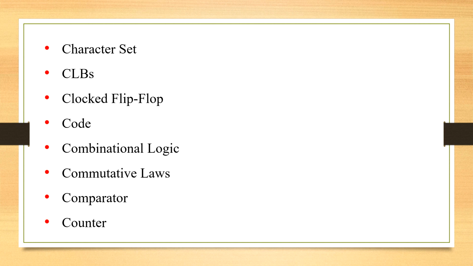Next one, comparator. It is a special combinational circuit designed primarily to compare the relative magnitude of two binary numbers. Next one, counter. It is a register capable of counting the number of clock pulses arriving at its clock input.